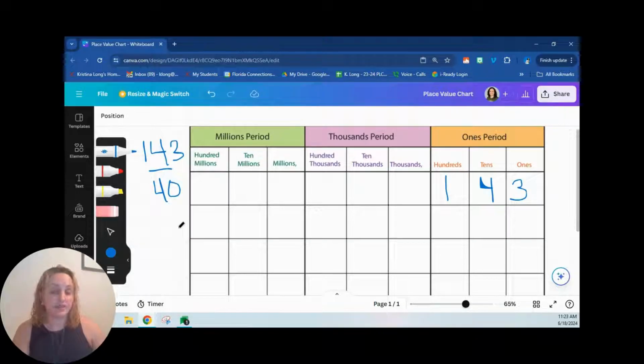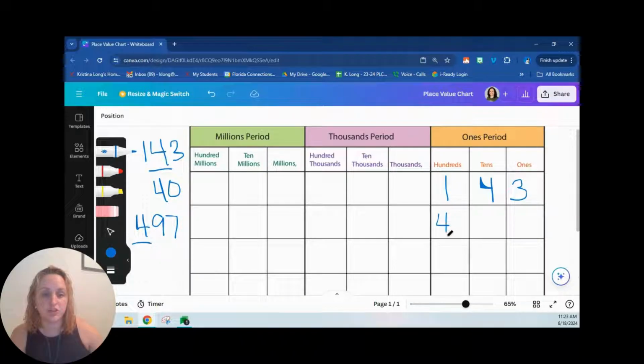Okay, is everybody following me so far? Now let's look at a different number. What if I have the number 497? Notice my 497 also has a 4, but does this 4 have the same value as this 4? Well, let's put it in our place value chart.